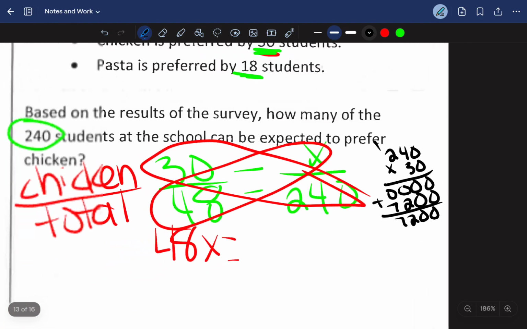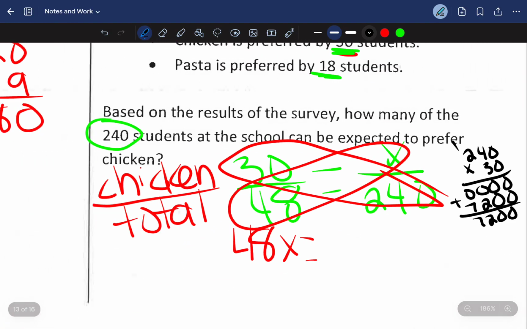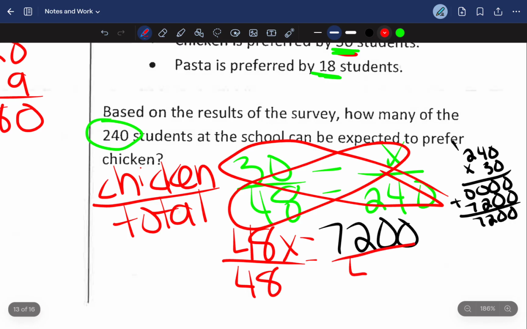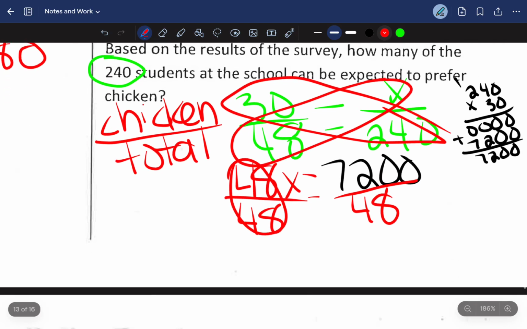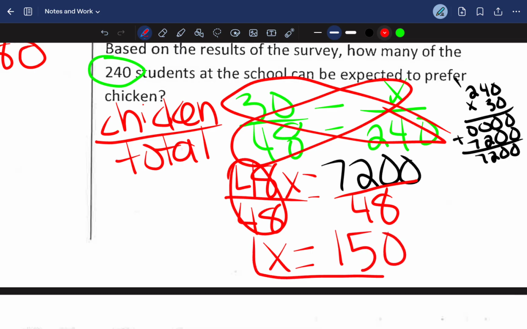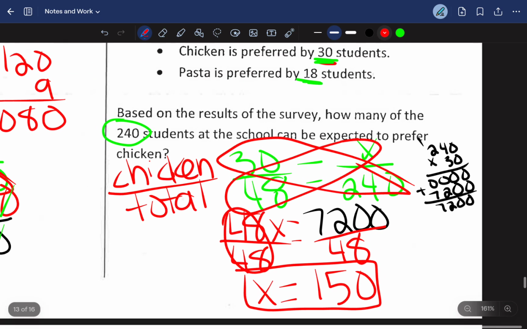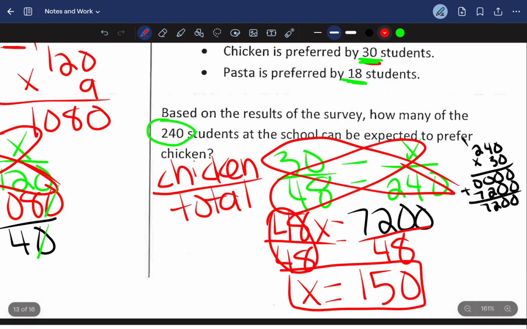Okay, so we have 48x equals 7,200. Now I'm going to divide by 48. And if I go through that process, x equals 150. So we could expect 150 students out of the 240 to prefer chicken.